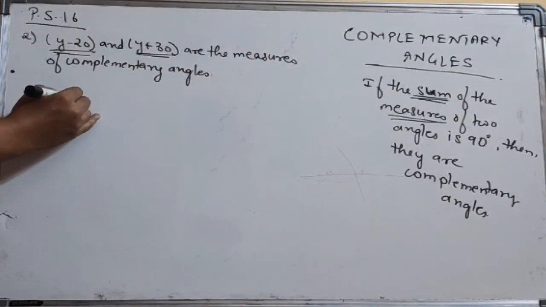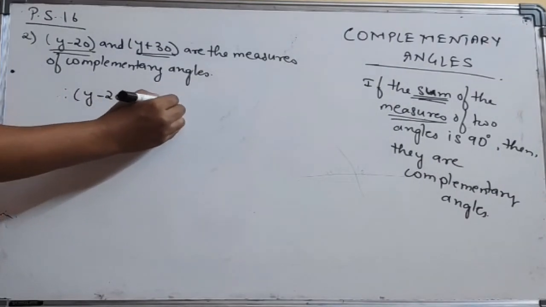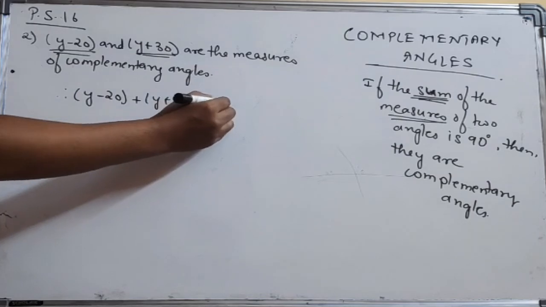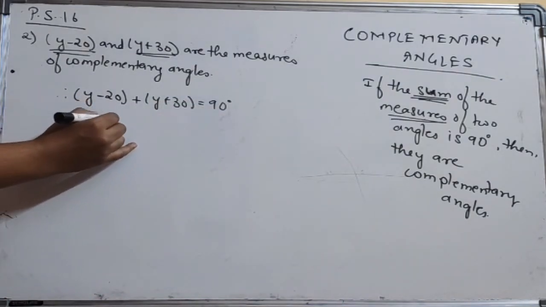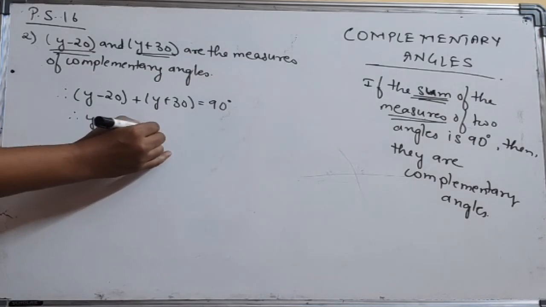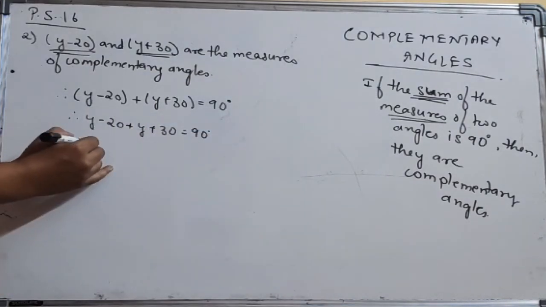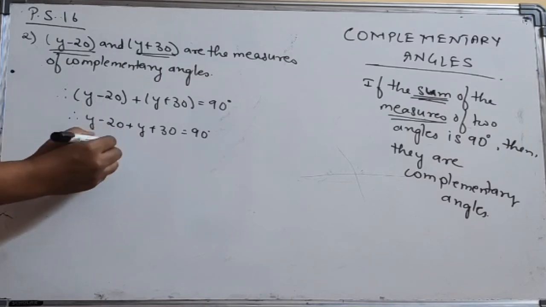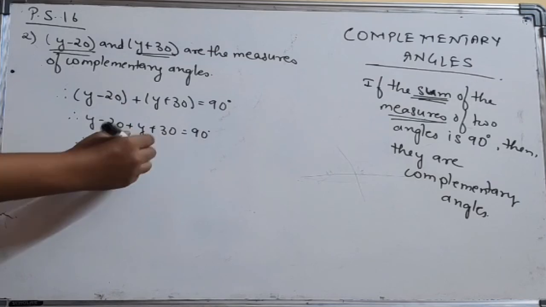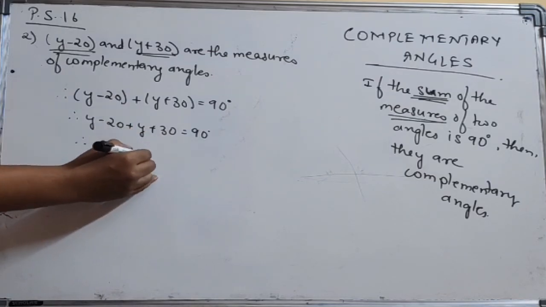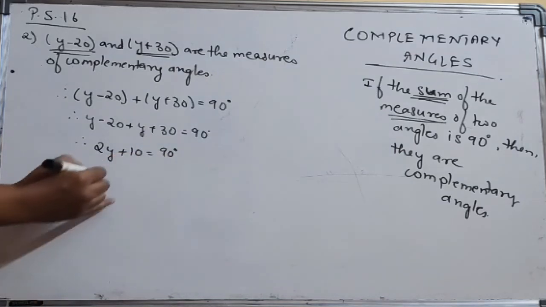Therefore y minus 20 plus y plus 30 equals 90 degree. Y plus y will give you 2y. Minus 20 plus 30 will give you plus 10 equals 90 degree.